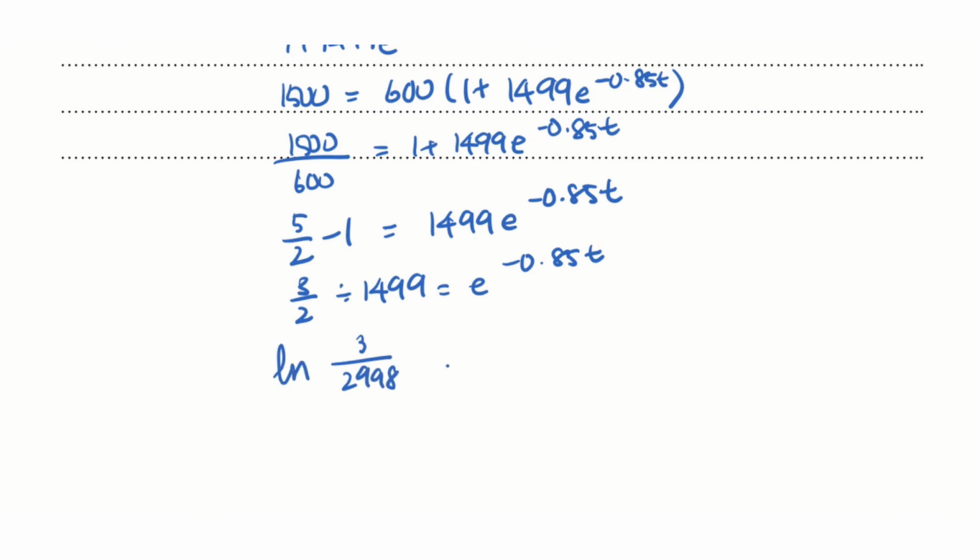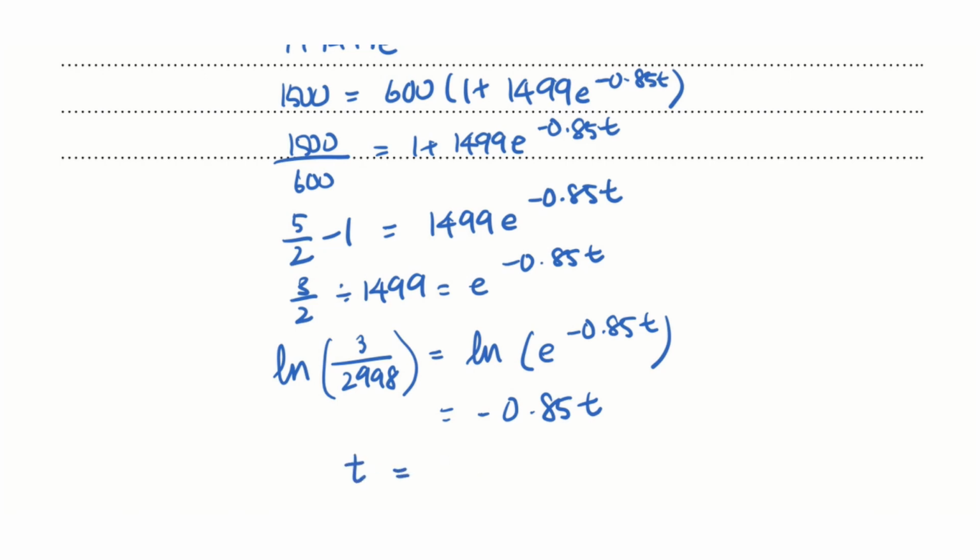As mentioned, we will take ln on both sides. You can put brackets over here, the meaning will still be the same. That will get rid of the exponential, and this will be negative 0.85t. Therefore t itself would be ln of 3 over 2998, divided by negative 0.85.